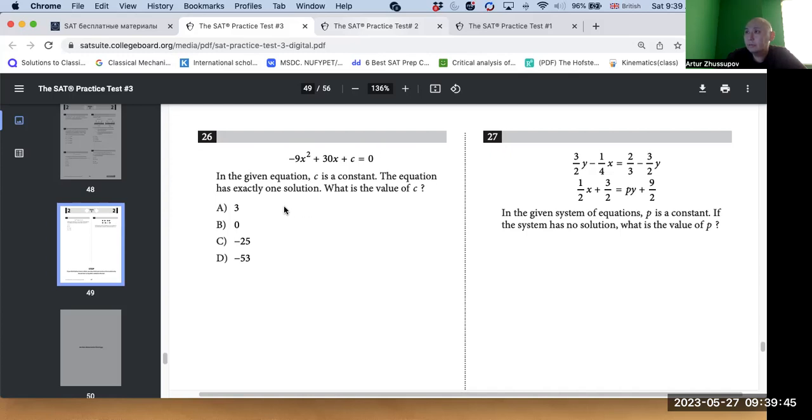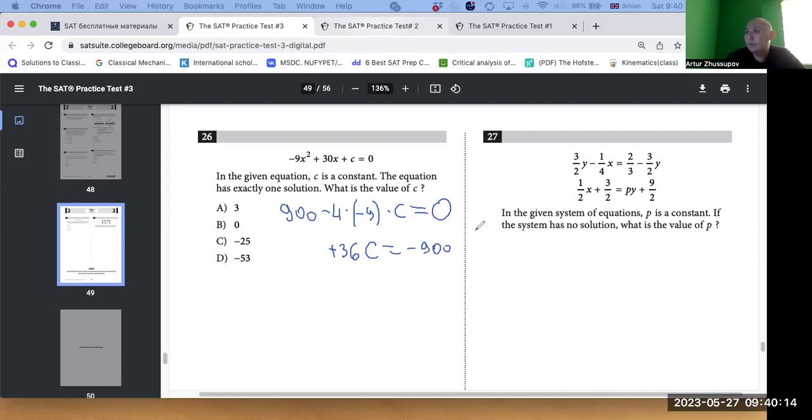Okay, so the discriminant in our case is 900, because it is 30 squared minus 4 times negative 9 times c. And because it has exactly one solution, we equate it to 0. So 4 times negative 4 times negative 9, it is positive 36c, and it will be equal to negative 900.